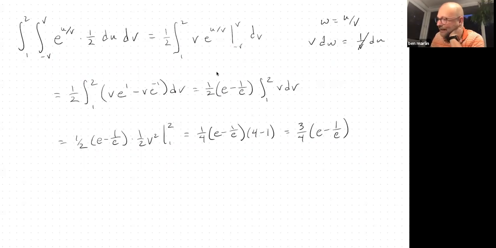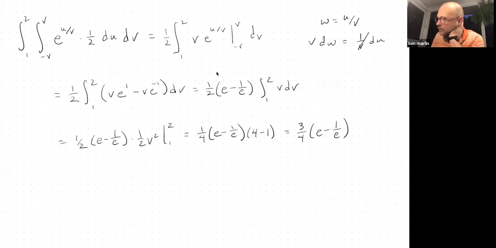So I kind of did that stuff in my head here and just put in the factor of v that's going to crop up, and e to the u over v, and we're evaluating from u equals minus v to u equals plus v.